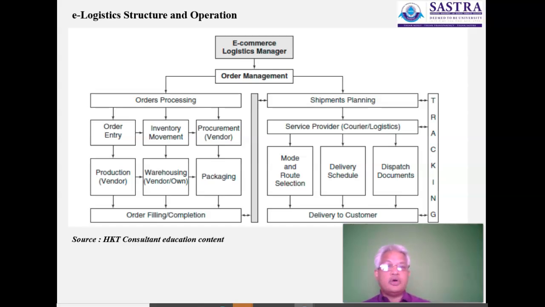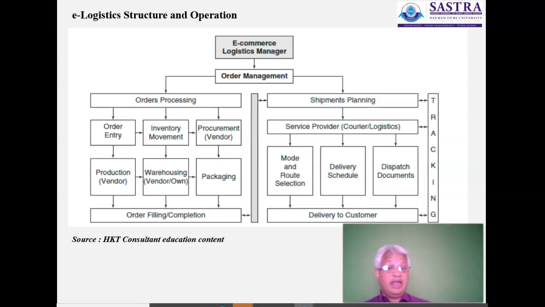So this service provider, whether it's a courier company or the third party logistics company, has to look at and plan with the e-logistics manager of the company about the mode, that is the type of transportation, along with the route selection, when the goods have to be delivered, in what quantity, to which customer and where the location is.